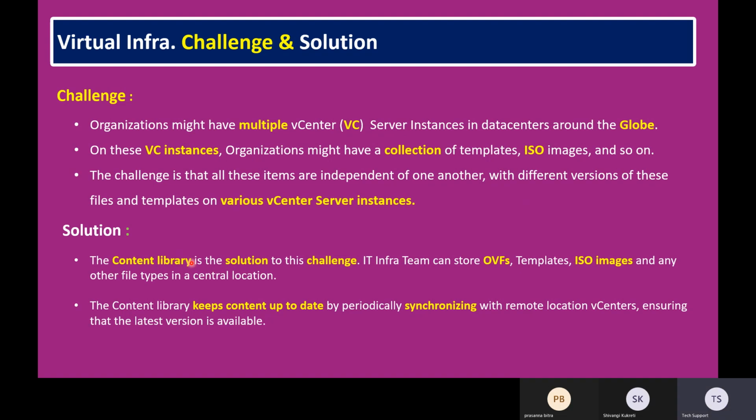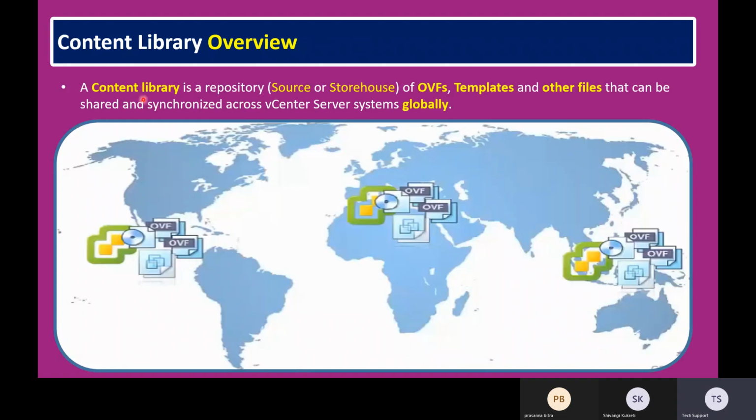Okay, so now let's talk about the content library overview. A content library is a repository, or we can say a source or storehouse. This is a storehouse, a repository of open virtual format files, templates, and other files that can be shared and synchronized across vCenter server systems globally.